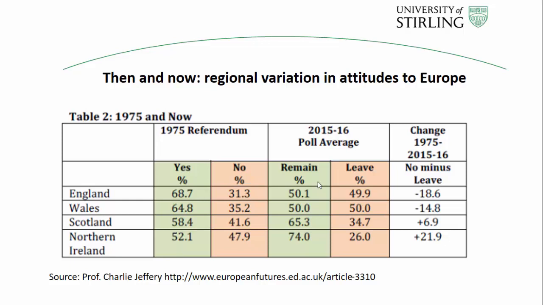However, in Scotland, the figure for those supporting staying in the EU is nearly 7% higher than the number of Scots in favour of the EEC back in 1975. Most remarkably, pro-EU support in Northern Ireland has skyrocketed, up by more than 20%. So let's examine some of these trends in more detail, starting with the situation in Scotland.